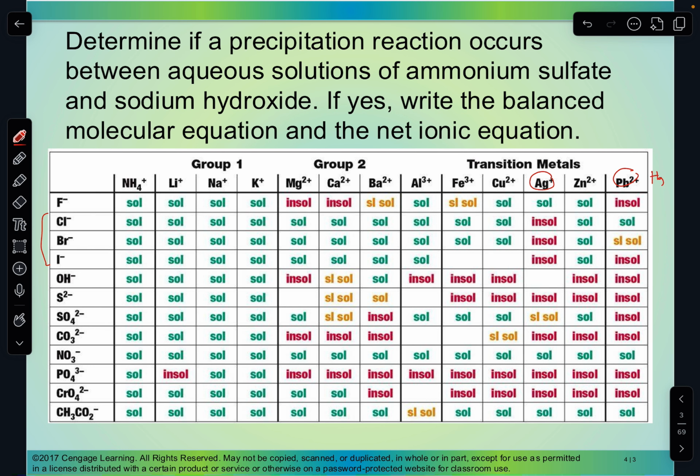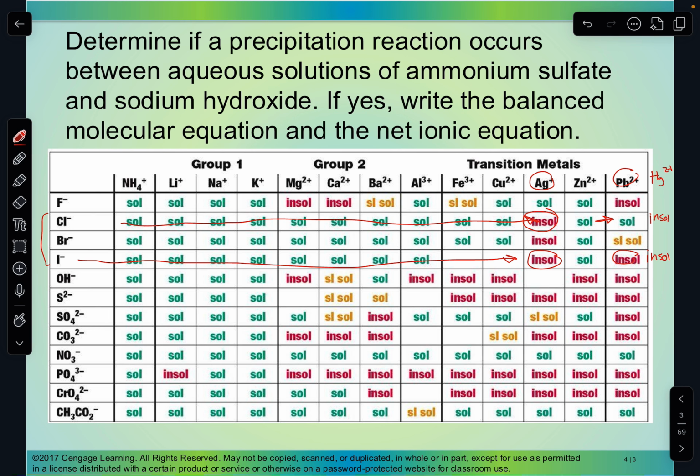I'll put an Hg right there. And so that is true. We have chlorine all the way through, soluble, unless it has silver. But for iodine, we have the same thing. It's insoluble. This will also be insoluble, and this will also be insoluble.